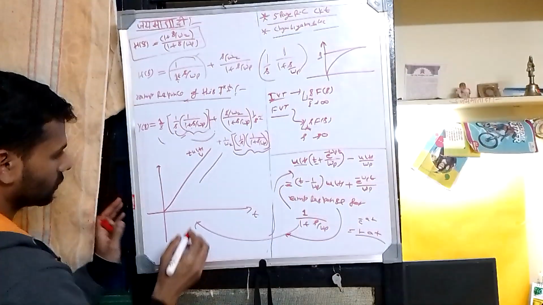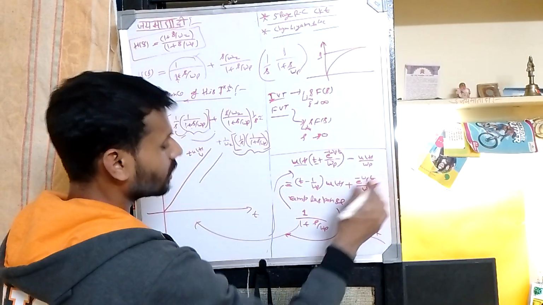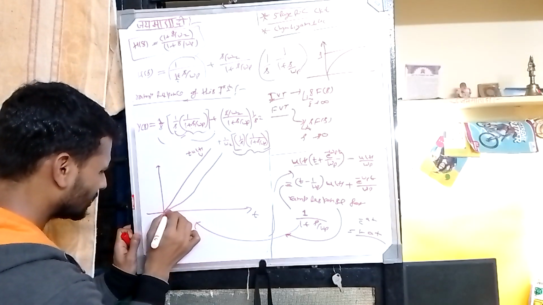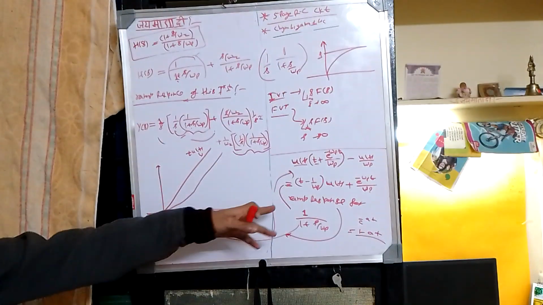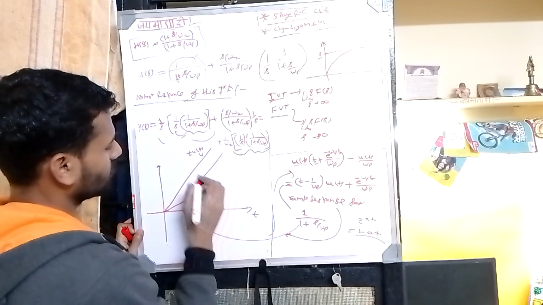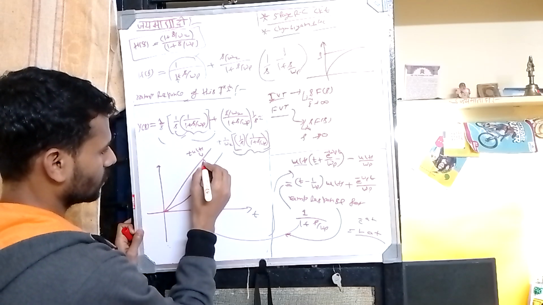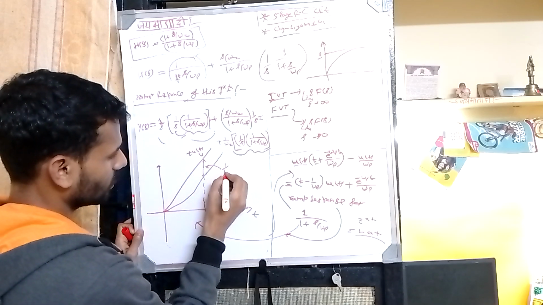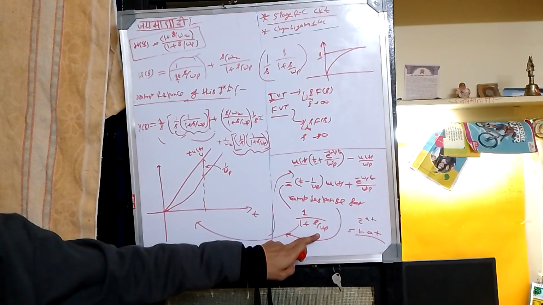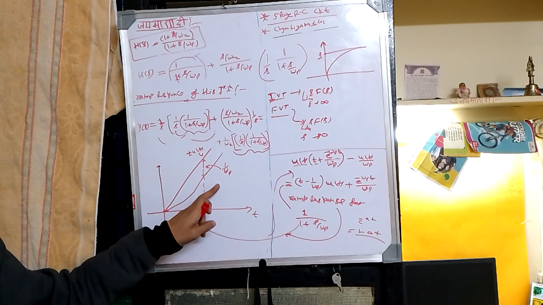For very small t the function will decrease, because at t equals 0 it is 0, and at infinity it becomes how much? 1 by omega p. So for the transfer function which has only one pole, the ramp response will look like this.